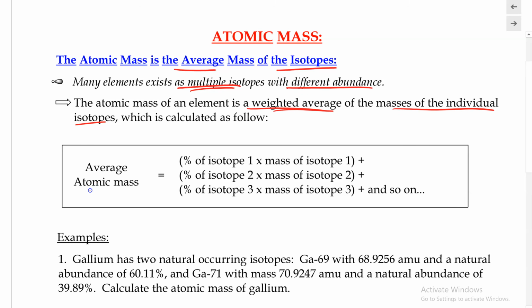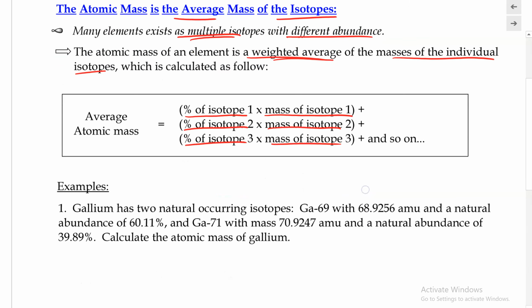The average atomic mass equals the percentage of abundance of the first isotope multiplied by the mass of that isotope, plus the percentage of abundance of the second isotope multiplied by the mass of the second isotope, plus the percentage of abundance of the third isotope multiplied by the mass of that third isotope, and so on. And that's how we can calculate the weighted average of the different isotopes.